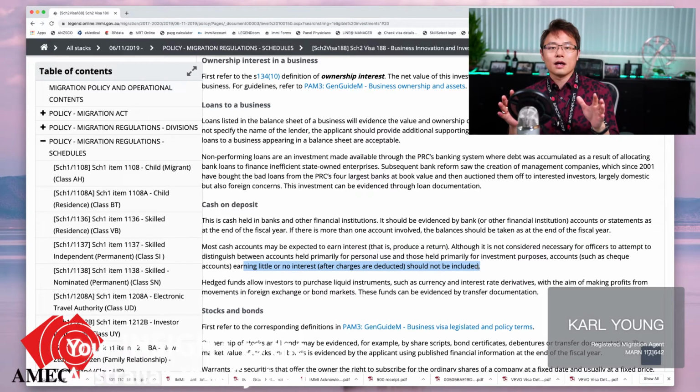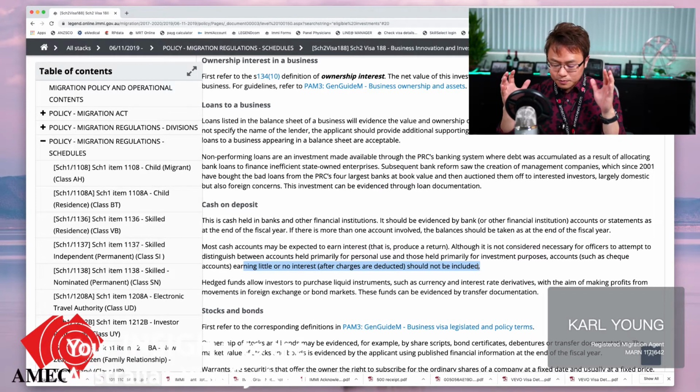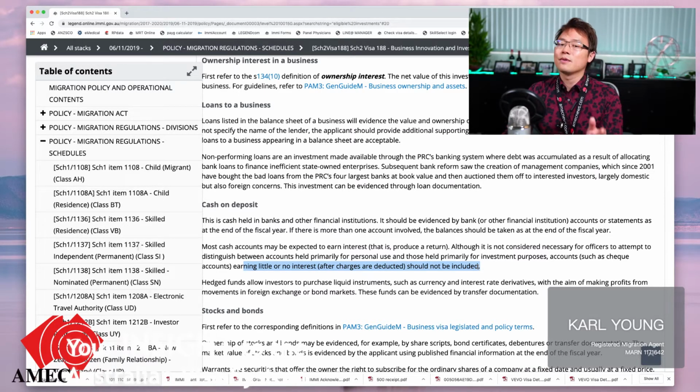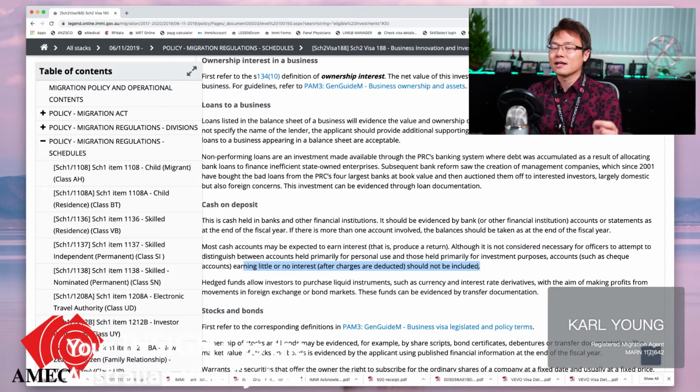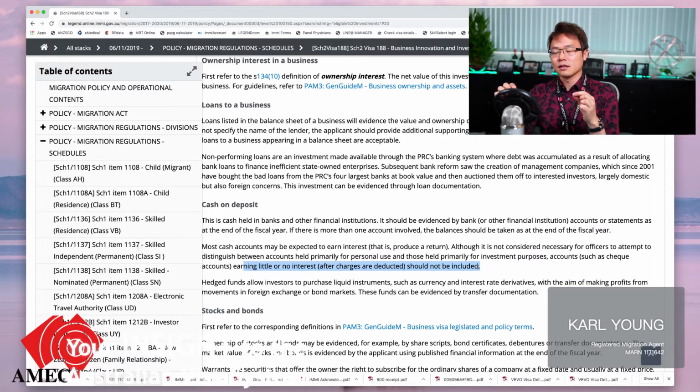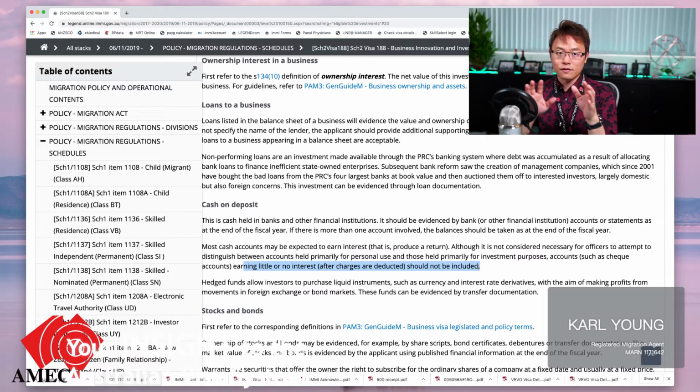And those kinds of accounts are generally the daily use accounts. So a daily use account cannot be used as an investment. It can be an asset, but not an investment. So again, that's where you need to differentiate the two different kinds of account.